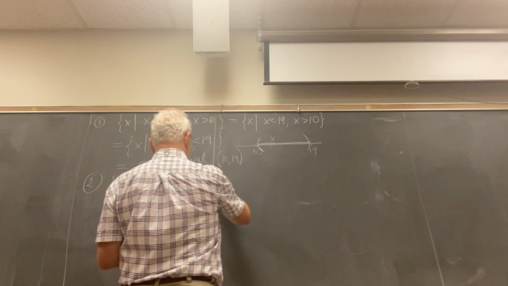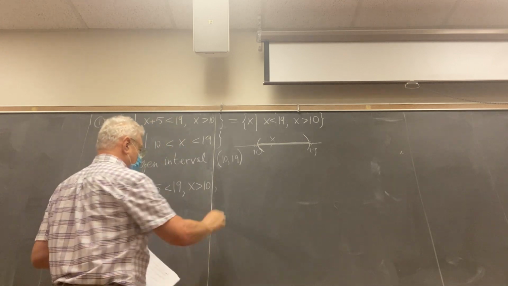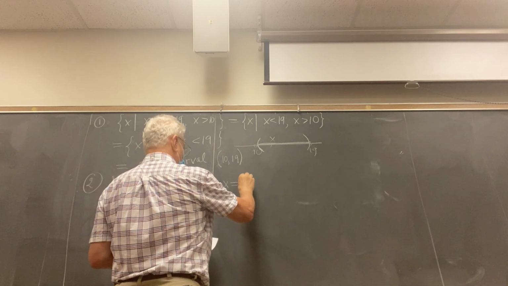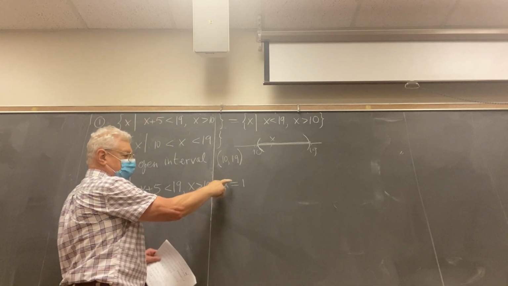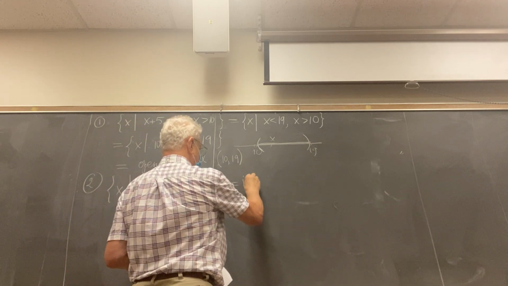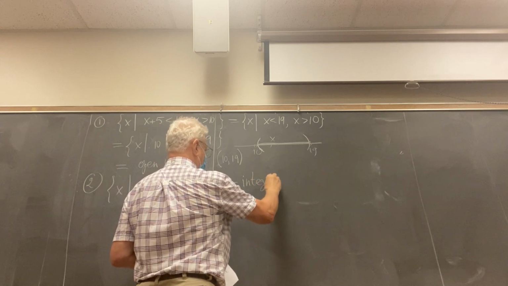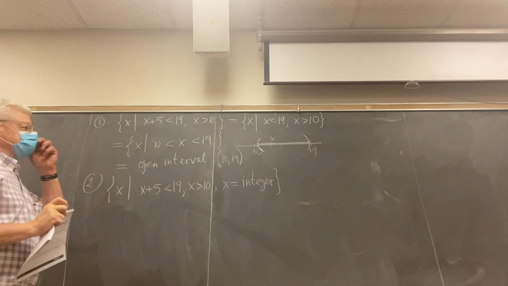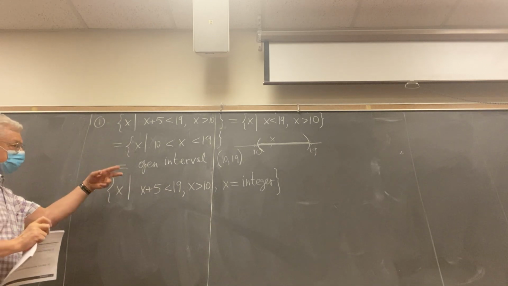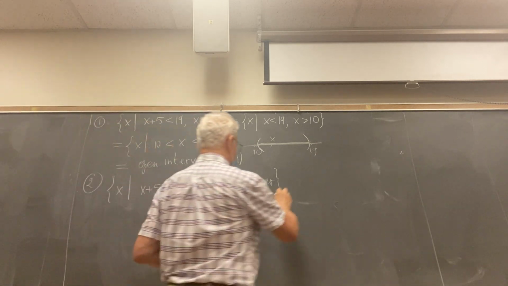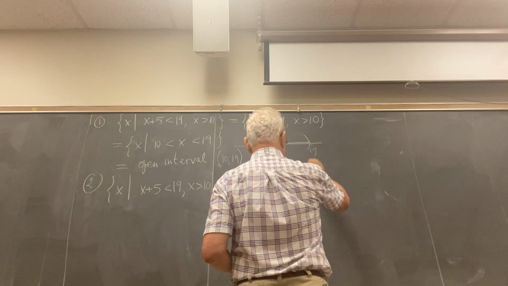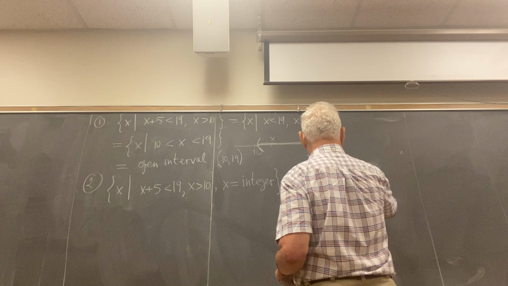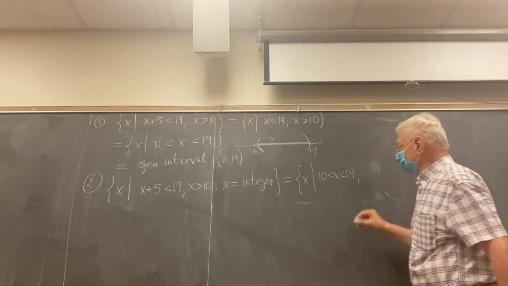And make one more condition: x is an integer. So if I make the same transformations, I'll get the same inequalities. All x's such that 10 less than x less than 19, and one more condition, x is an integer.